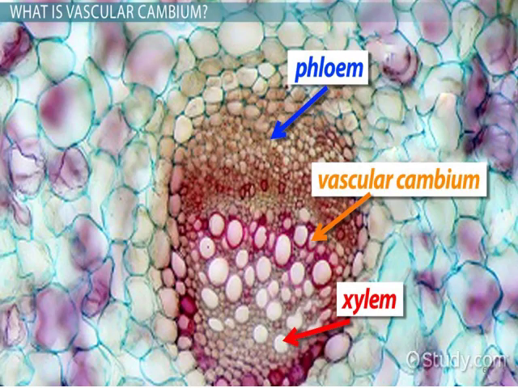As far as the location of vascular cambium is concerned, this vascular cambium is present between the phloem and xylem. So here we have the cells of vascular cambium that is present between xylem and phloem. It plays a very important role in secondary growth. It means it increases the girth of plant.